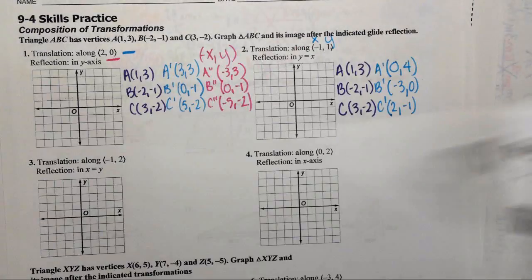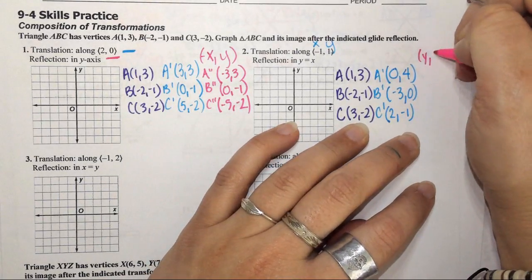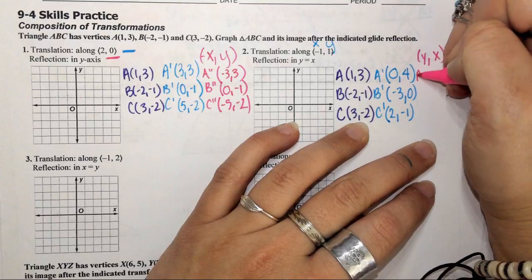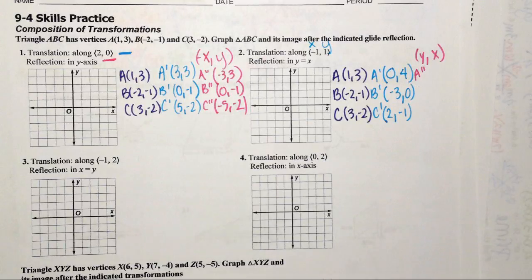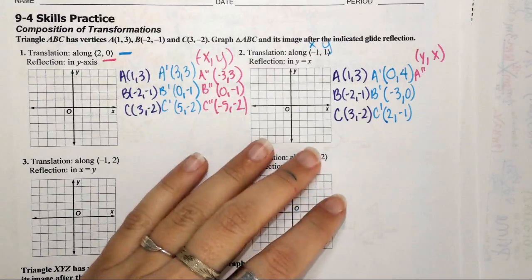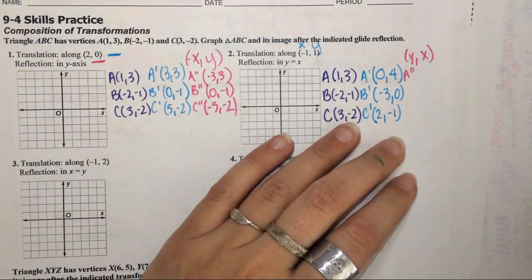I just swap them. So above this, I'm going to write y comma x. If you want to, you can plot the first and the third. I'm fine with that. All right, so Taylor, tell me my first A double prime.